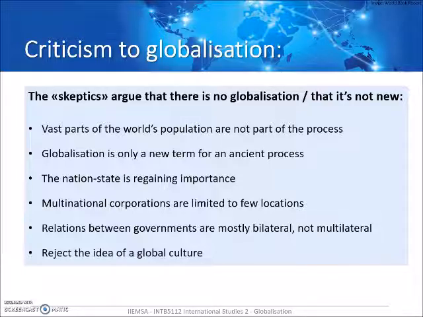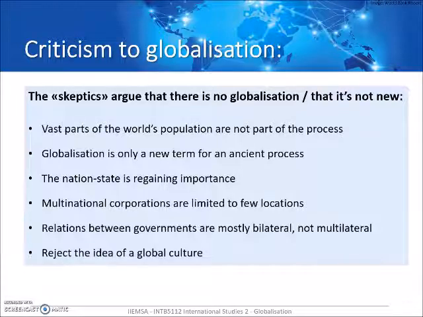One of the main arguments is that vast parts of the world's population are not actually globalized yet or are not part of the process. You can think of any rural area in any country that is not necessarily connected to the internet, that might not even be on the grid, that doesn't have an airport close by. Those areas, although they exist in a globalized world, are not actually part of globalization.